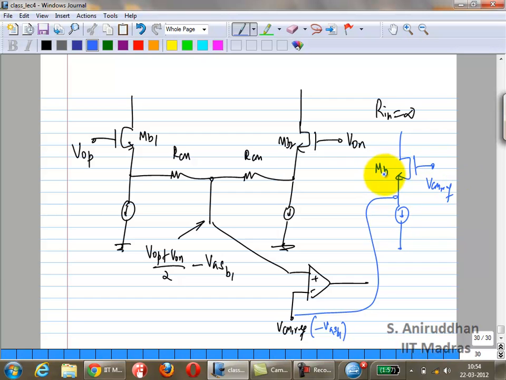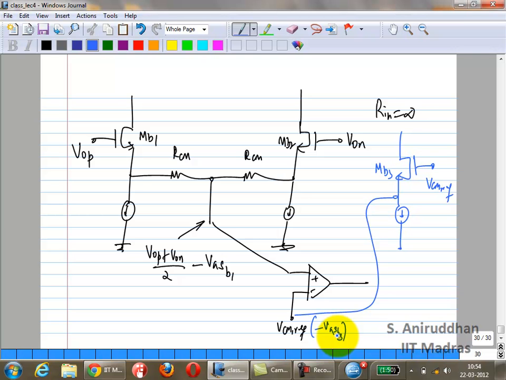We call this MB3, minus VGS-B3. So what do you need now? What is the condition then for no systematic offset? The same current densities, not just the same current, right?